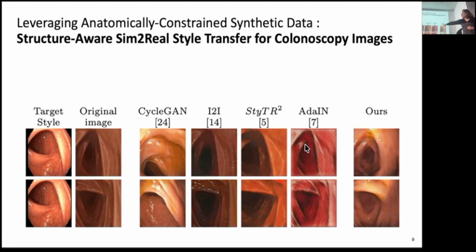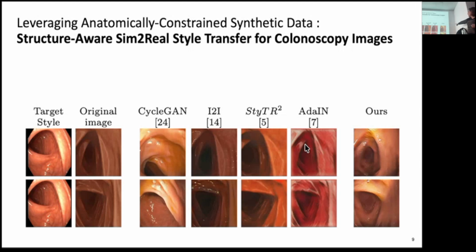So CycleGAN, we can see that texture is perfect, really perfect. It looks like a real image, but the structure is completely wrong. You completely lose the correspondence with the branches labels. And the other models, the texture was not good at all.